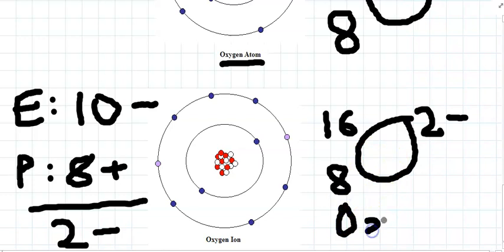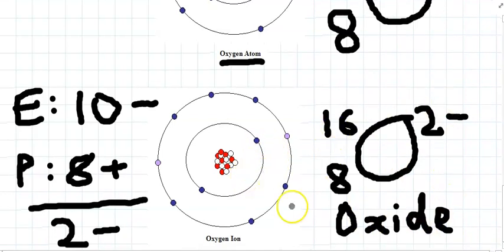And when ions have a negative charge, we put an IDE at the end of their name. So this is called the oxide ion. So that's how we draw atomic symbols to show the charge. So atomic symbols of ions.